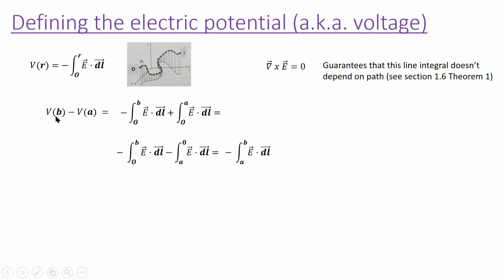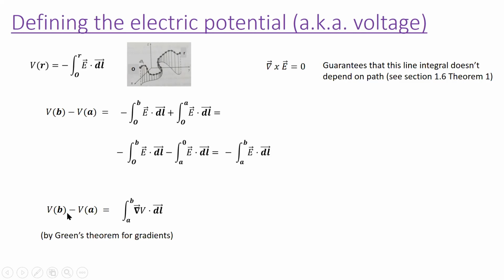So the electric potential at B minus the electric potential at A is equal to minus the line integral from A to B of E dot dl. And that's independent of path because the electric field has 0 curl.